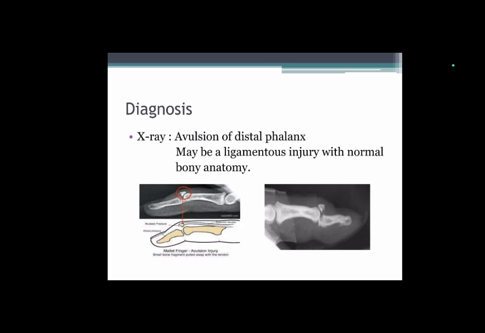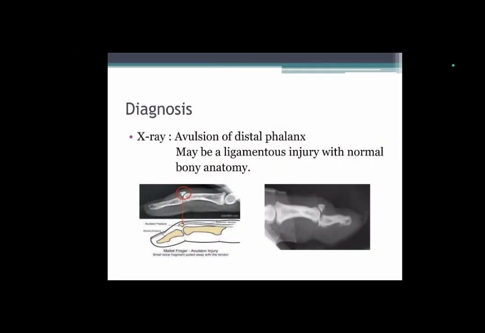Following treatment, it is important to understand the possible complications that may occur if the injury is not managed appropriately. Let us now discuss the complications of jersey finger. If jersey finger is not diagnosed and treated early, several complications can occur.